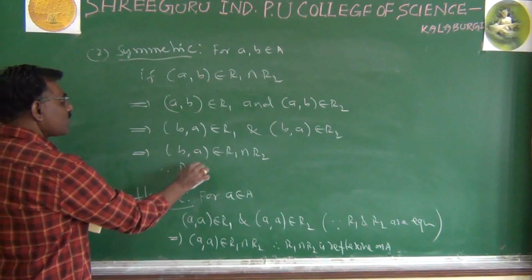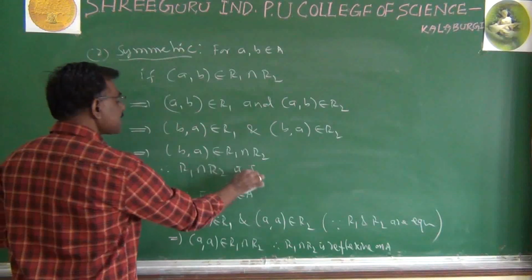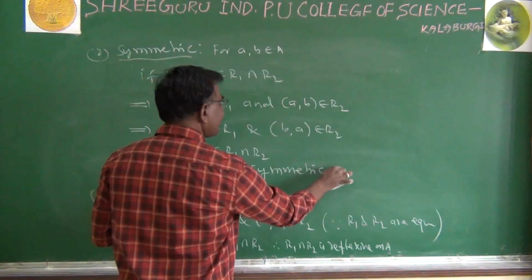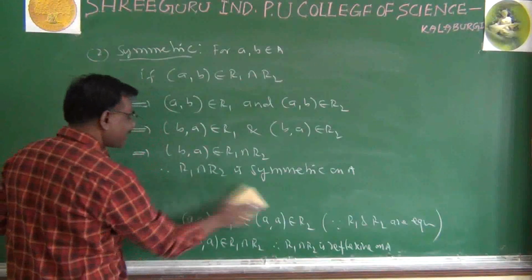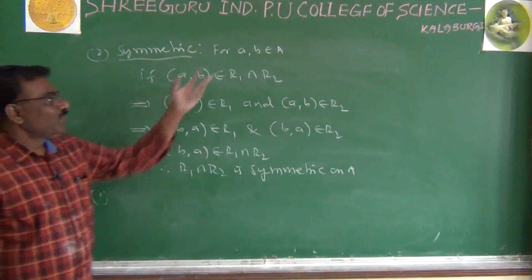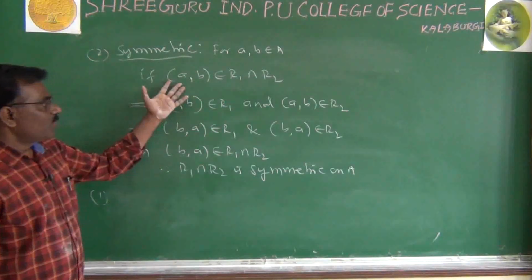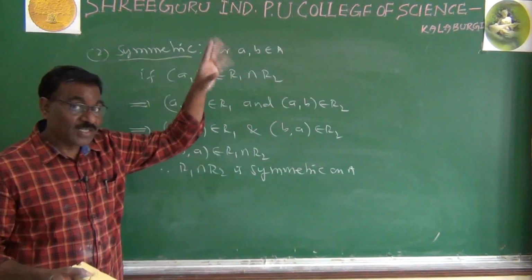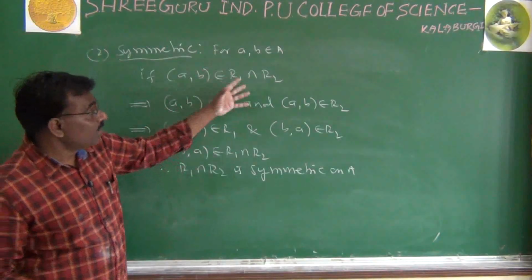Therefore, R1 intersection R2 is symmetric on A. So, an interesting problem. Repeating once again, you have to select two elements a, b belongs to A, not R1 or R2. Already there is an equivalence relation, but our aim is the intersection.